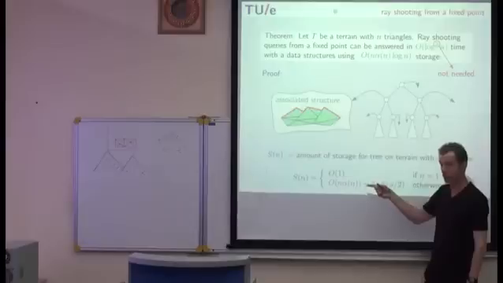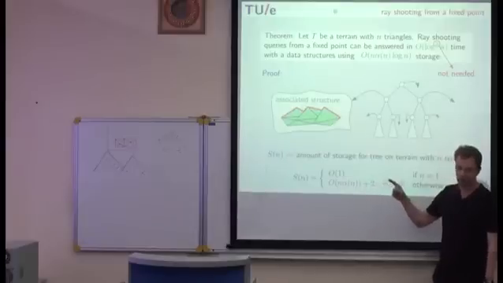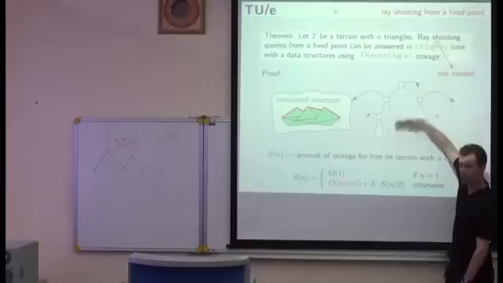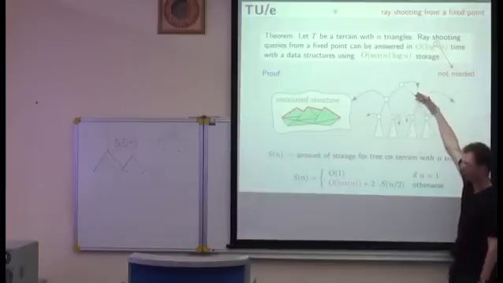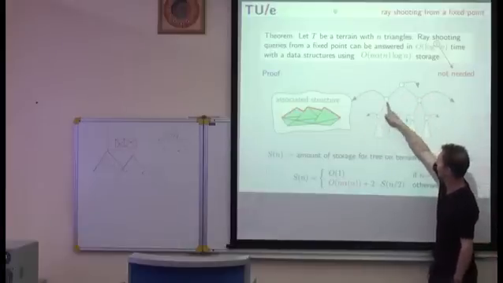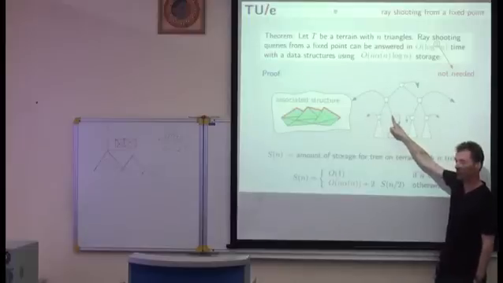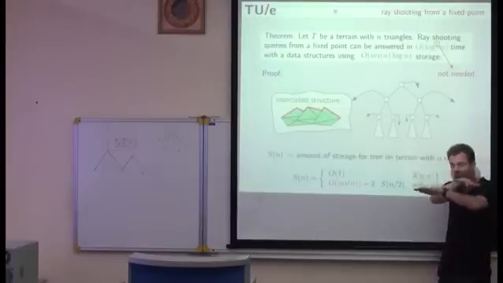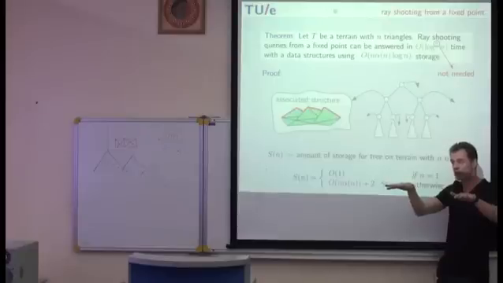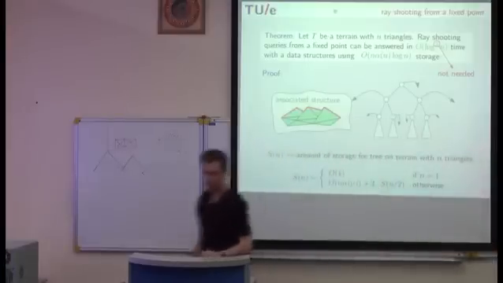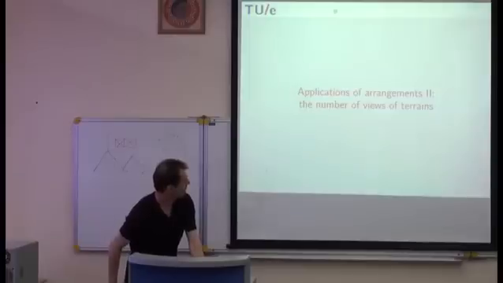Then you get n log squared n. But actually, you can do it more efficiently, because if you build this tree bottom up, by the time I get here, I know the upper envelope here, and I know the upper envelope here, and I can just merge these upper envelopes in linear time, and then the whole pre-processing would be n log n instead of n log squared n.